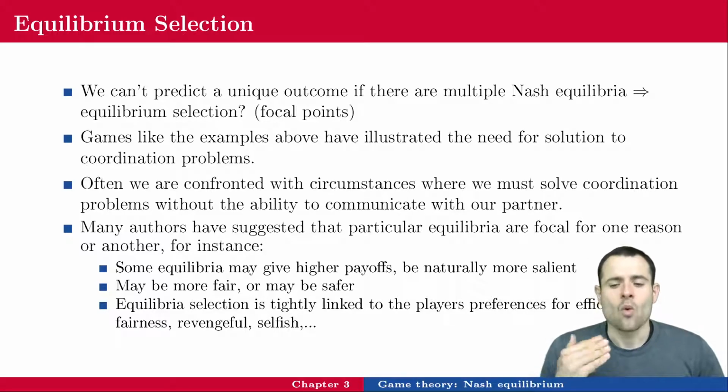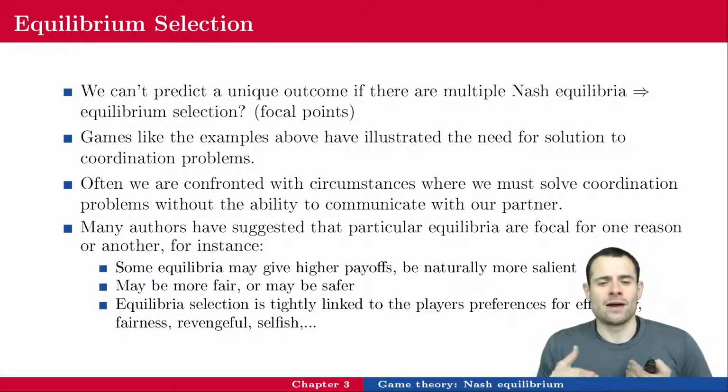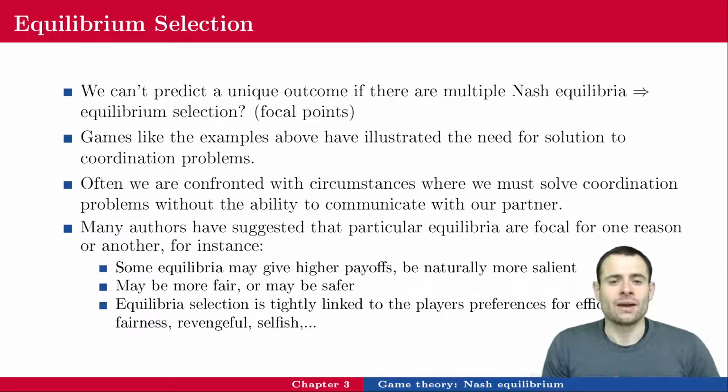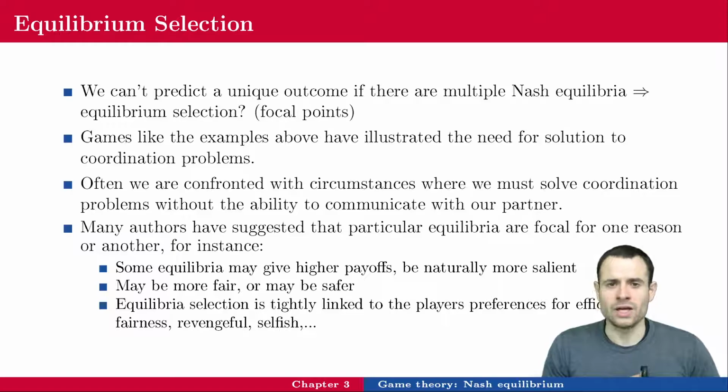When I said one player is going to assume the other player is going to do that, that's a kind of assumption I'm adding. Players can make beliefs. It's a more fancy version of game theory than what we are doing now. But players make beliefs about what the other one is going to do.